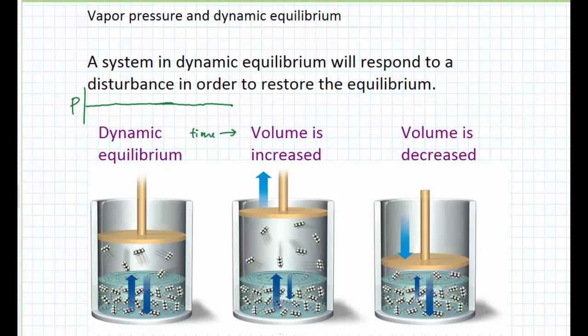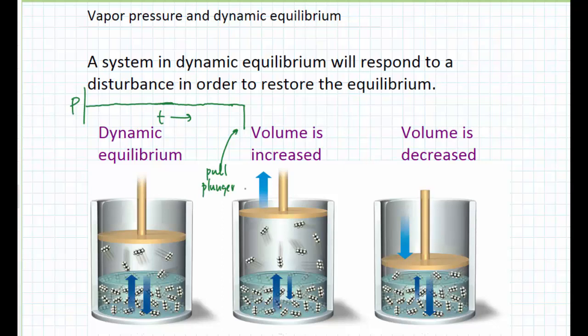We increase the volume. What should happen to the pressure just from that? Yeah, we'll decrease the pressure. So right here, the second we pull that plunger, pressure is going to decrease like that.